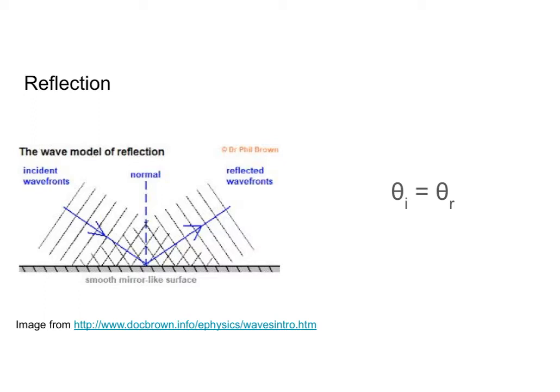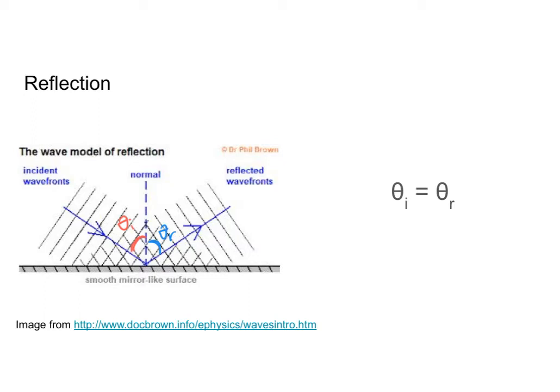Now, one thing that's really important to know about reflection is that our angle of incidence, the angle of our incident wavefront, is equal to the angle that our wavefront is going to be reflected at. And when I say angle, what I mean is the angle from a line that is perpendicular to our surface, so from the normal of our surface.